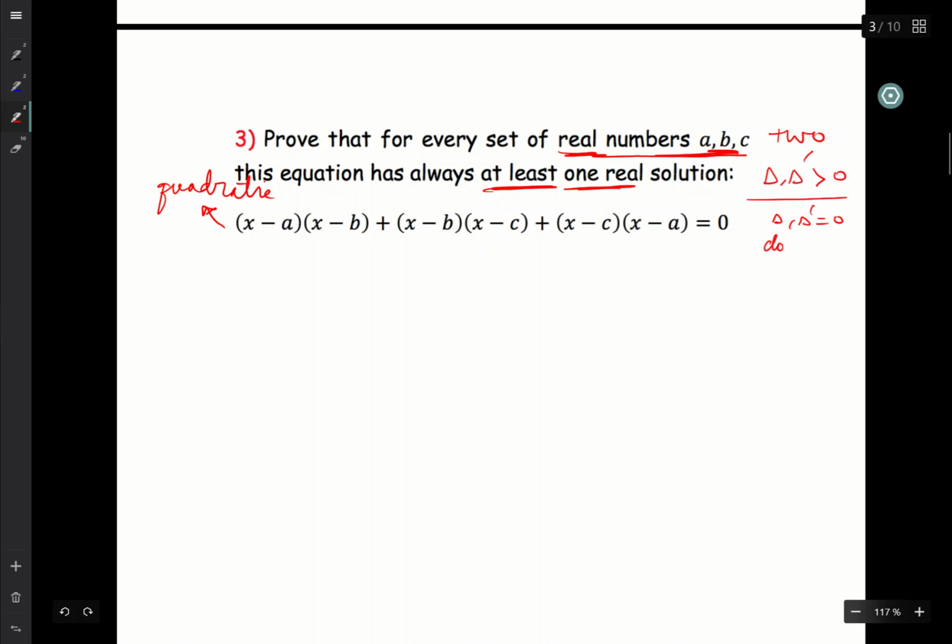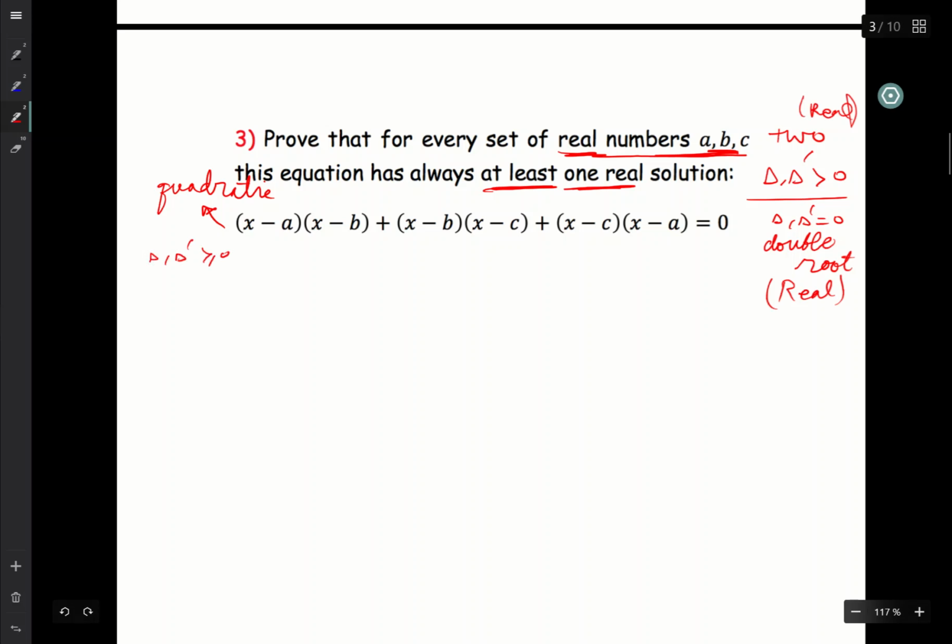And it's real. At least one real solution means delta or delta prime is greater than or equal to 0.